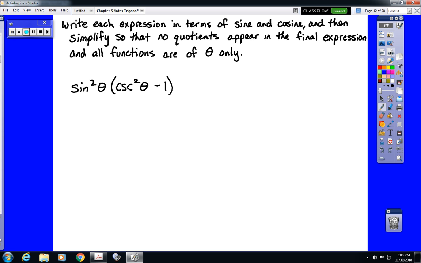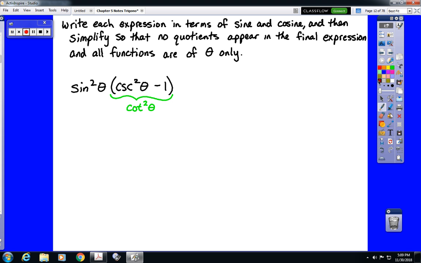Okay, so here's the first one we've seen that contains any exponents. This is actually something that comes up all the time. It's not even rare. Hopefully, we would realize, based on what I said earlier when we went back through our identities, that cosecant squared theta minus 1 was one of our versions of our final Pythagorean identity, and that equals the cotangent squared.